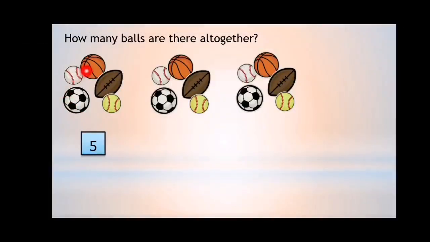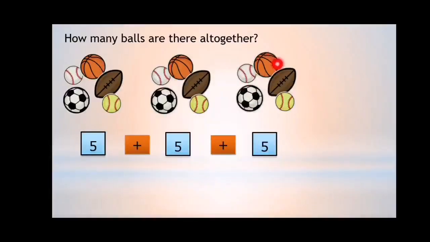Here are 1, 2, 3, 4, 5 balls, plus the next are 1, 2, 3, 4, 5. Again, as we are adding, we need to write plus. 1, 2, 3, 4, 5. So 5 plus 5 makes 10, plus 5 makes 15. So the answer is 15.